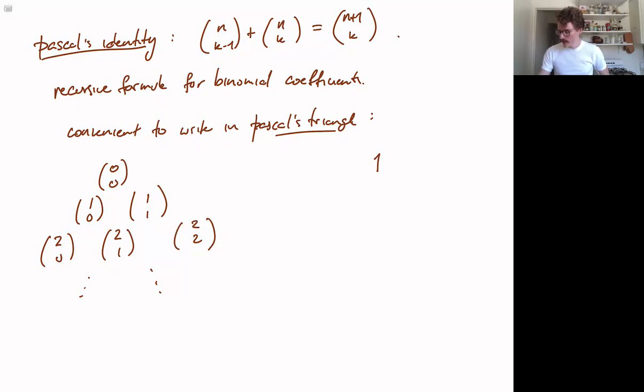So starting with 1, we get 2 children here, which are both 1s, because we're going to add 0.